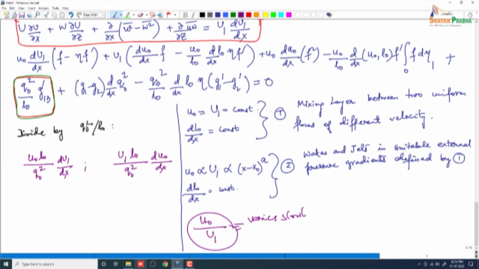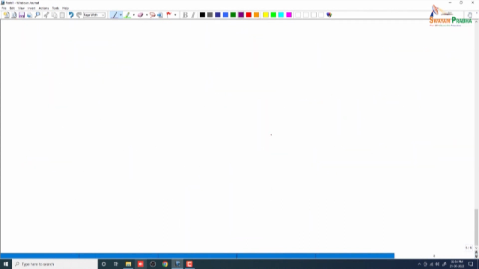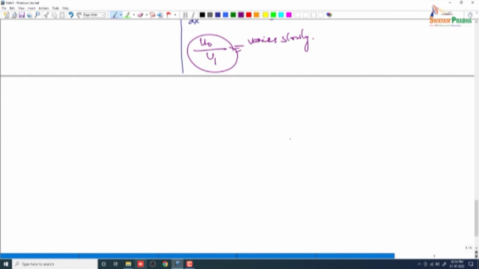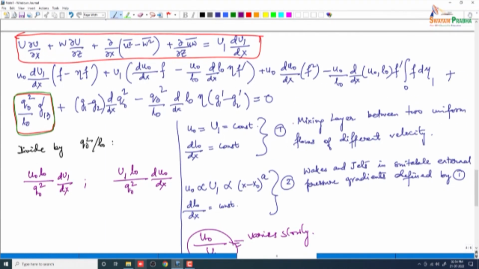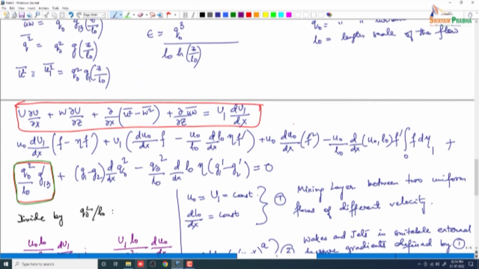That's when U naught by U1 varies slowly. So there can be flows that do not satisfy these conditions for self-preservation exactly. This U naught by U1, as I said, varies slowly, so they follow it, but not very distinctly.